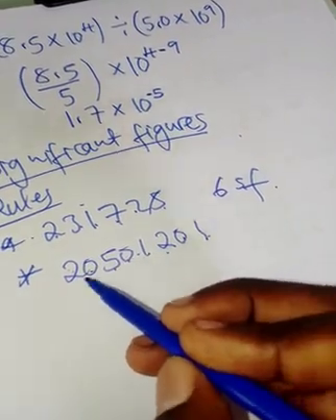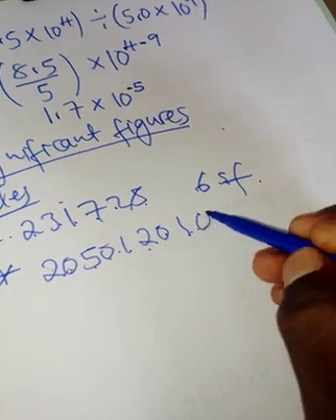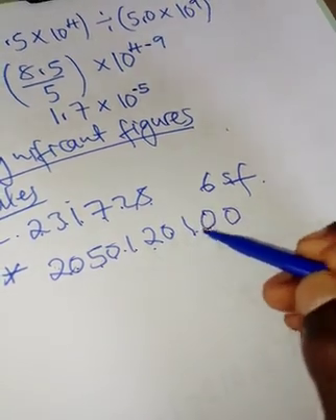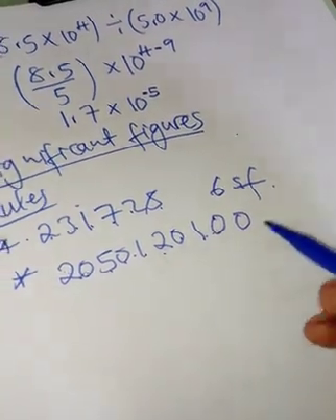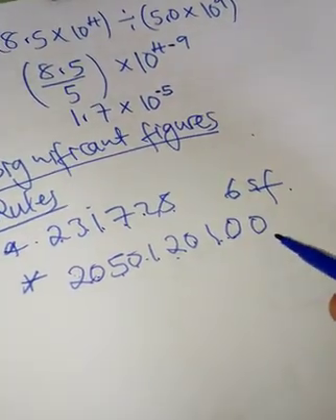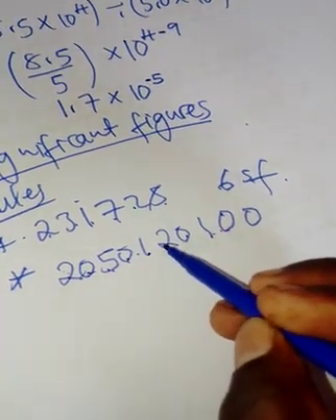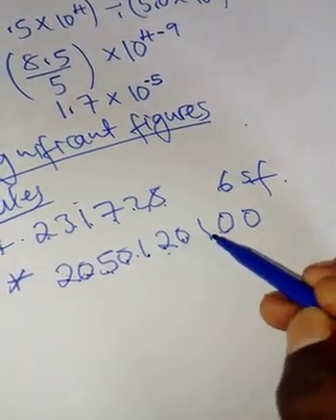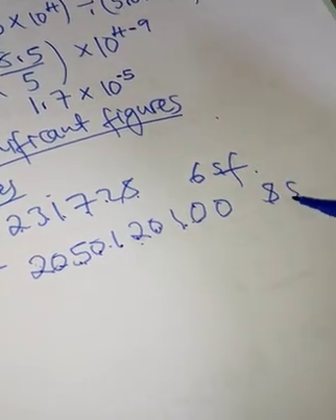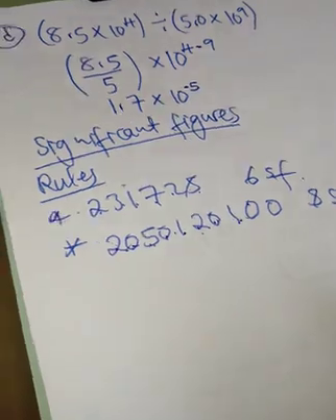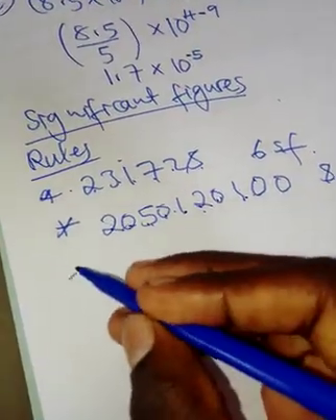So even these zeros will be significant. Otherwise, if we have zeros at the end there, they won't be significant. So if we want to count significant figures, it's 1, 2, 3, 4, 5, 6, 7, 8. So it's 8 significant figures. Okay. Then we move on.